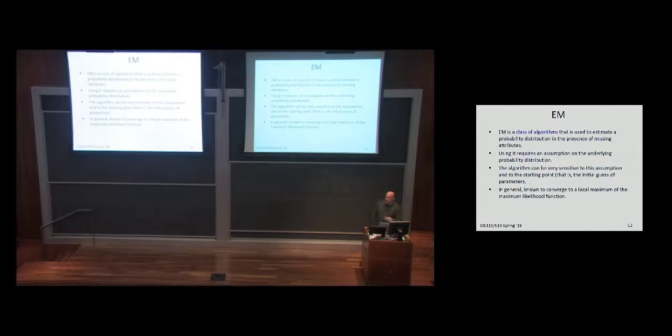So in practice, the way people run EM is they initialize it multiple times and run it, and then take the best model they found, and hope that in one of these initializations, they got to a region that gives them either the global maximum or a pretty good local maximum.